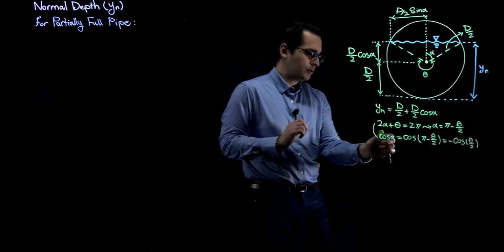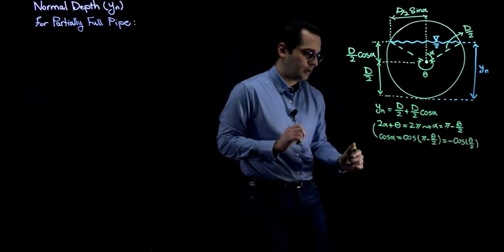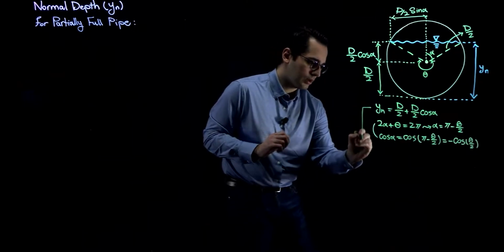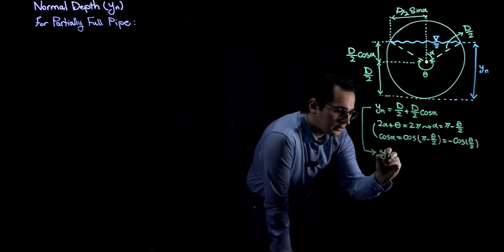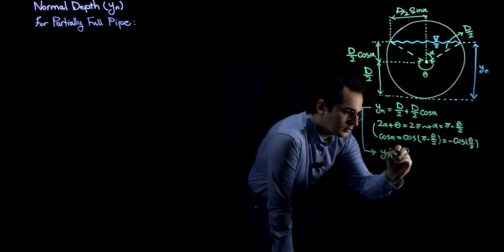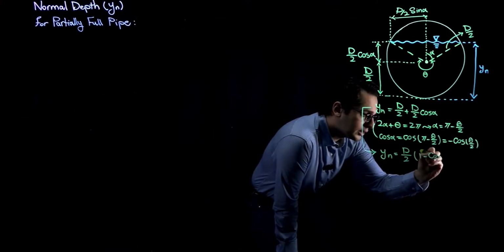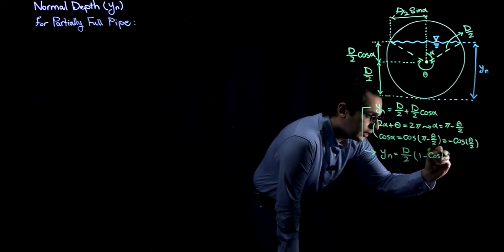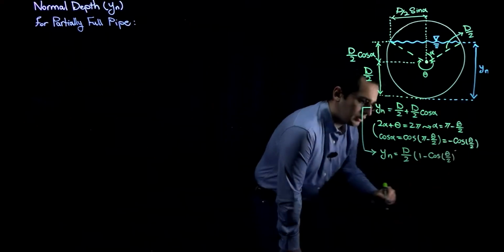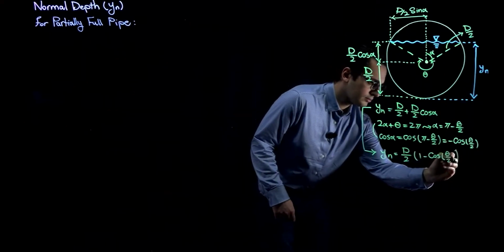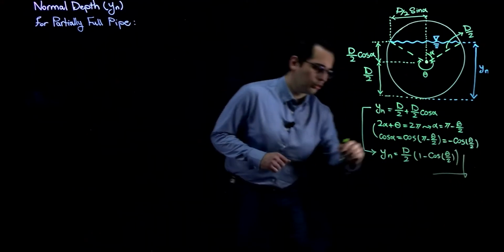So instead of cosine of alpha in this equation, I'm going to put negative cosine of theta divided by 2 and write the yn equation over here. yn would be d divided by 2 times (1 minus cosine of theta divided by 2). So this is the equation for normal depth.